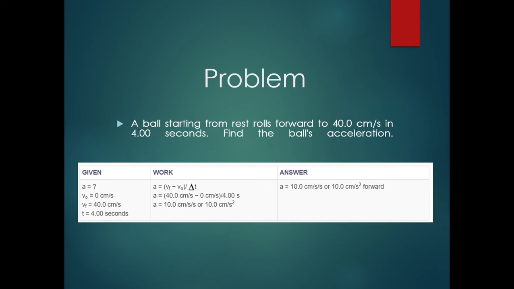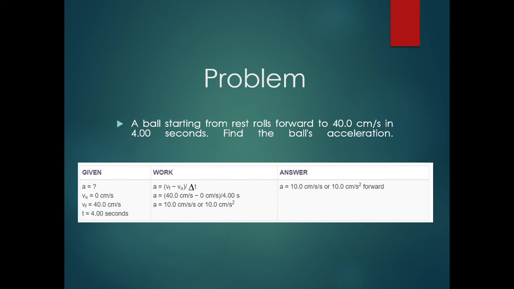So here we have that we substituted everything, and there was no change in the first operation, the one that is above the division, because the initial velocity is 0. So we just divide 40.0 centimeters per second divided by 4.0 seconds. What is the result? The result is 10.0 centimeters per second squared.